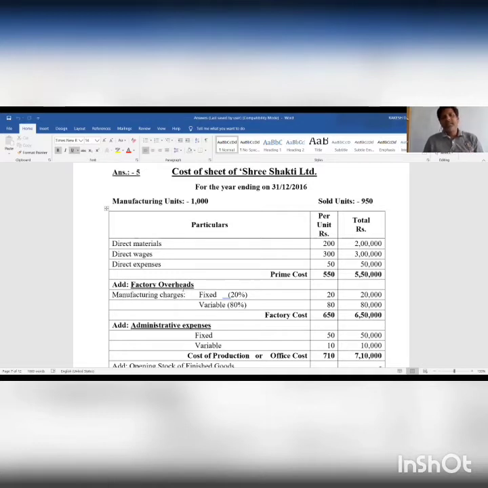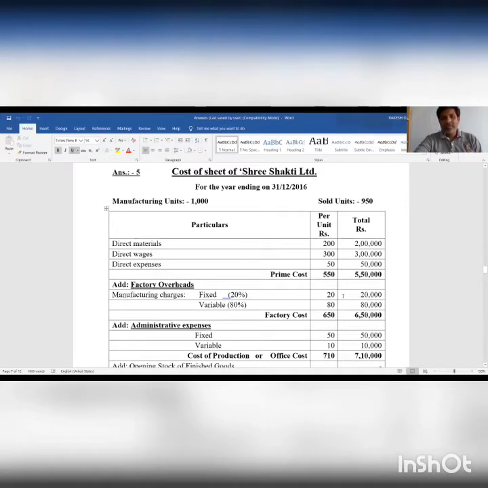It means the remaining 80% is considered variable in nature. So 20% of 1 lakh is 20,000 as fixed, and 80% of 1 lakh is 80,000 as variable.